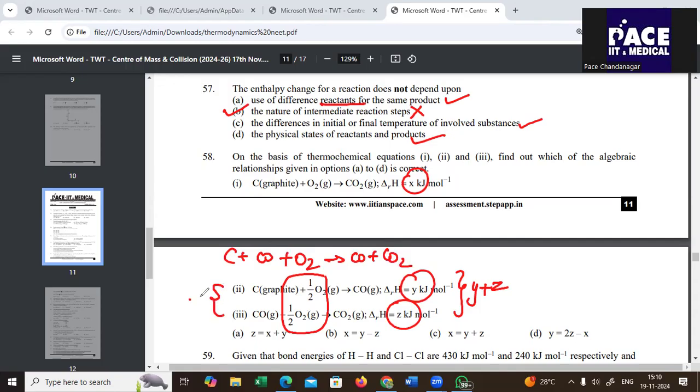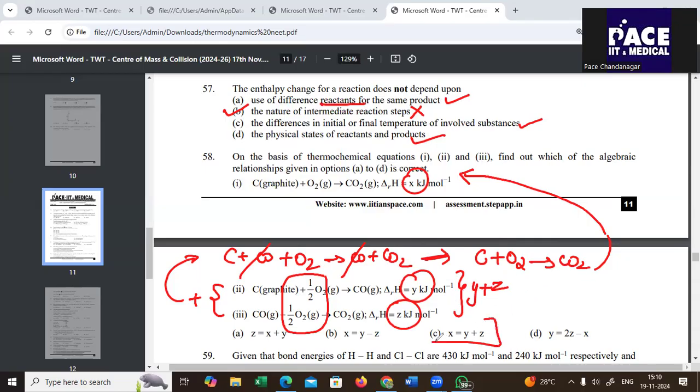I am adding equations 2 and 3 to get this. Now carbon monoxide goes off, which means I am left with C plus O2 giving CO2, which is nothing but my first equation. So when you add up the second and third, you get the first, which means Y plus Z is equal to X.